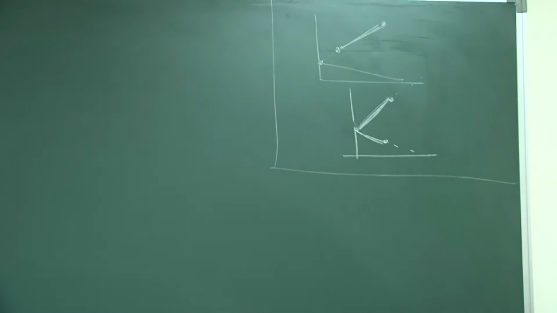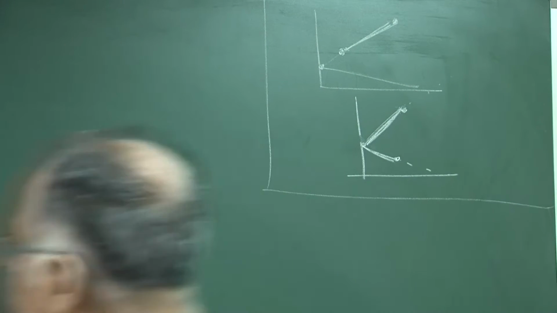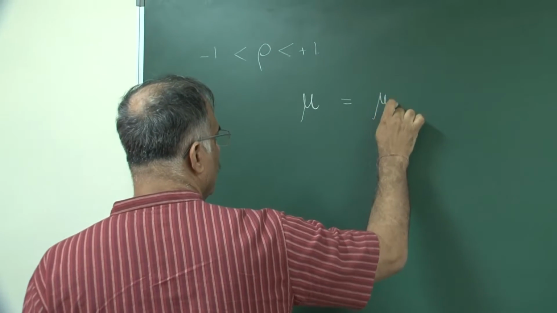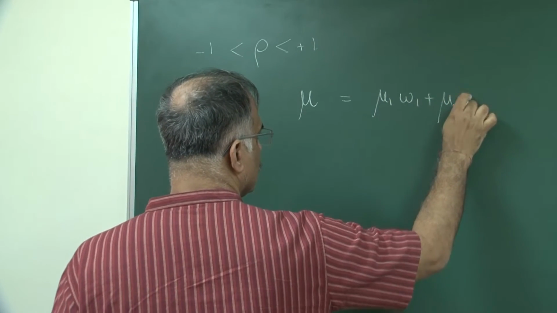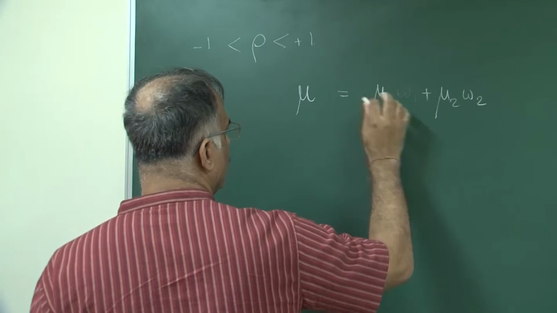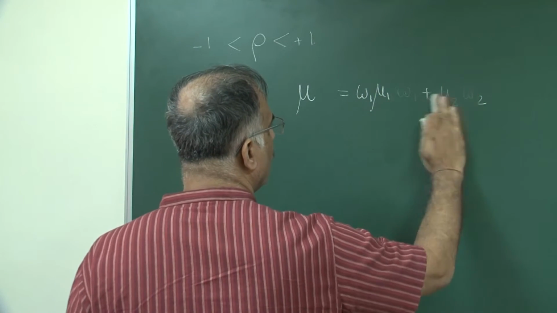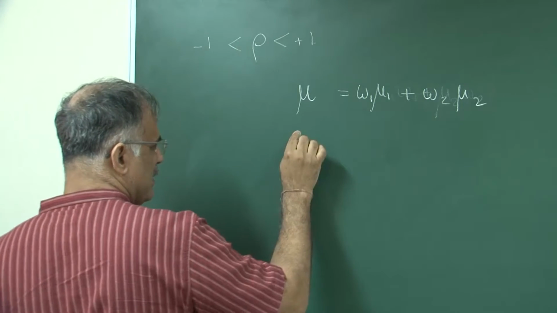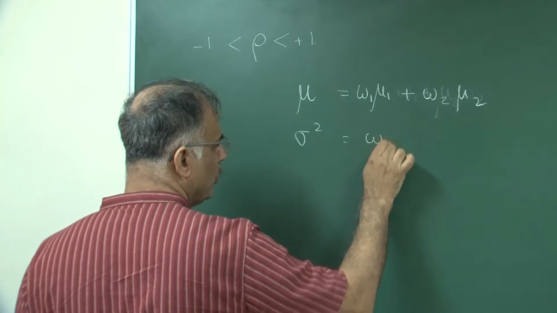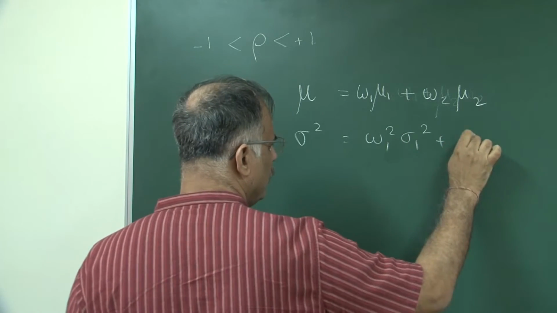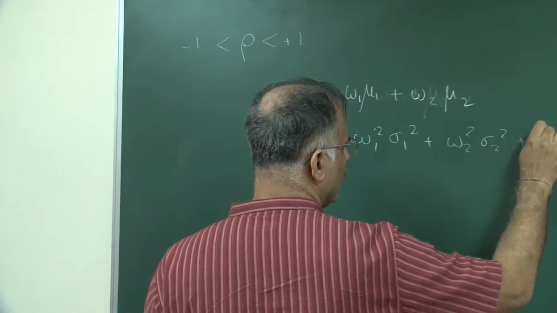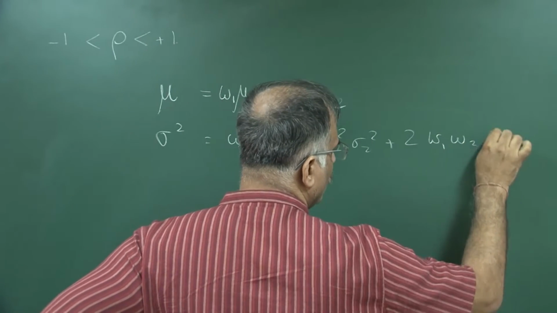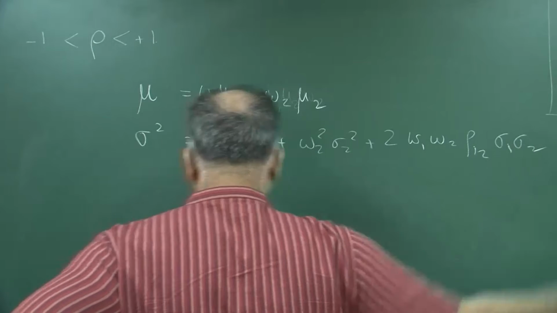Here again I will recall that we will put mu as W1 mu1 plus W2 mu2, and sigma square is W1 square sigma 1 square plus W2 square sigma 2 square plus 2 W1 W2 rho 1 2 sigma 1 sigma 2.